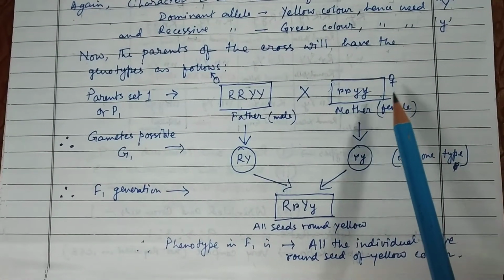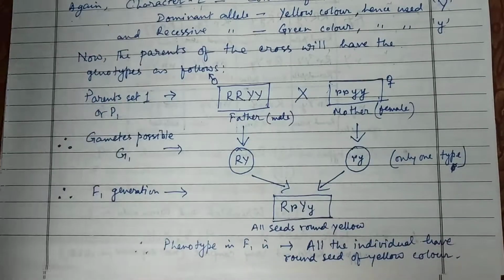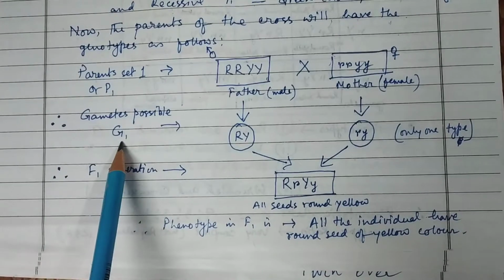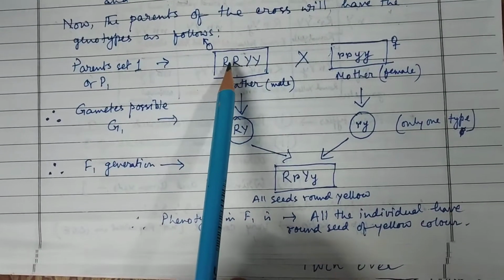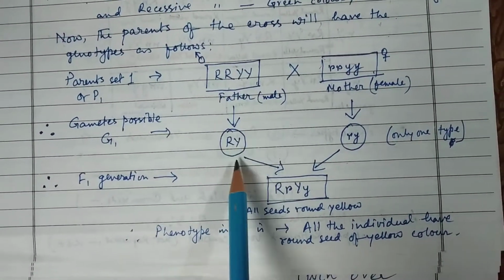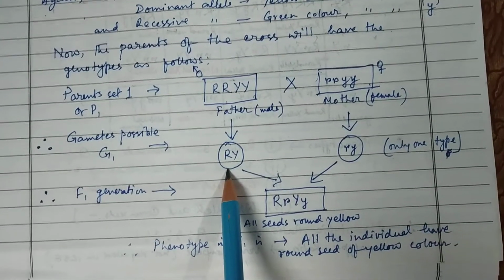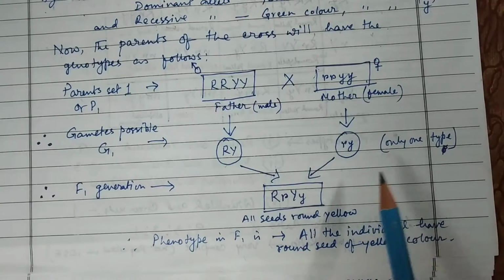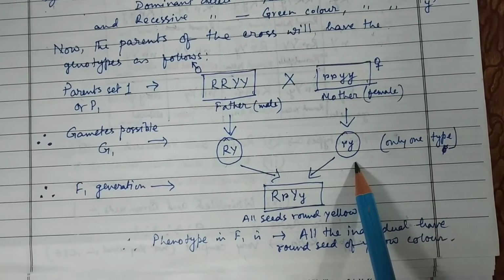Let us consider it as mother, crossed with this. When the cross is performed, the gametes will be one R, one Y, only one type of gamete possible, and from this recessive parent, one type of gamete possible.